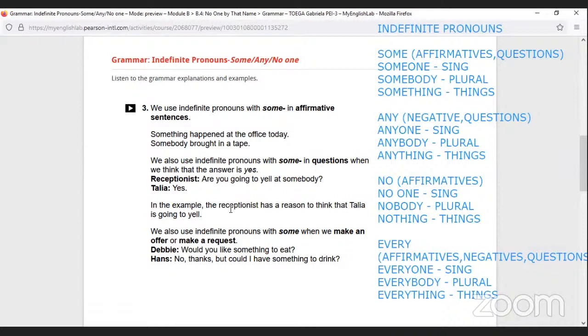And when we talk about questions, we have: are you going to yell at somebody? Yes, so we are using it in questions. And in some cases we use some to make requests. For example, would you like something to eat? No, thanks, but I could have something to drink.